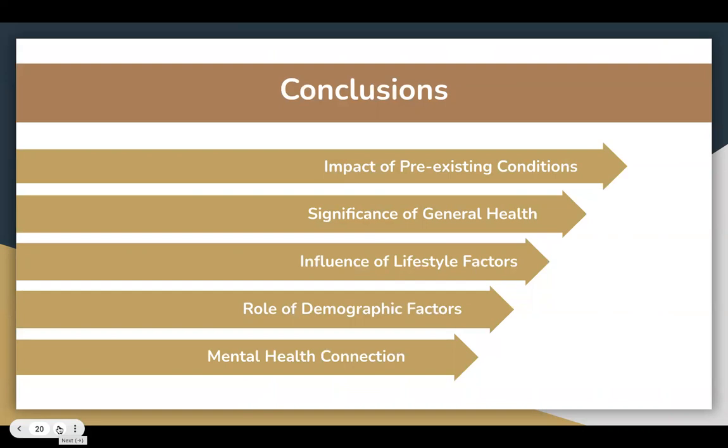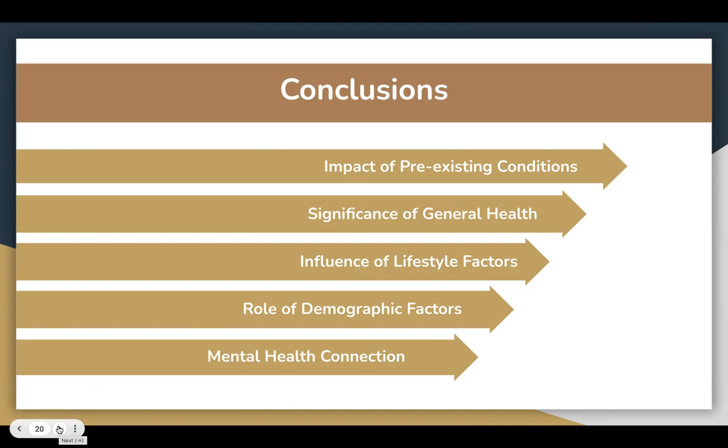Next, lifestyle factors emerged as key influences of heart disease risk. Physical activity levels and smoking habits were particularly consequential, while alcohol consumption had a minor impact. Surprisingly, sleep quantity did not show a clear correlation with heart disease risk.